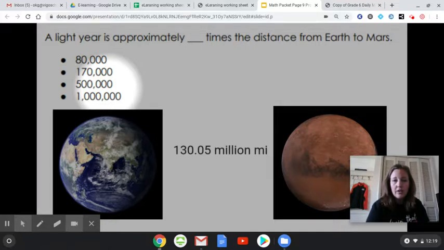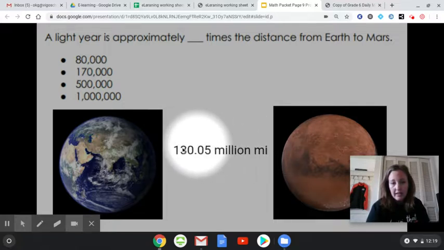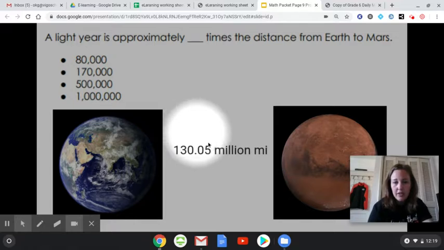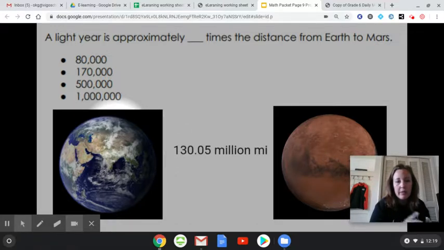I didn't know this, so I went to Google and Googled it. I figured out that Earth is approximately 130 million miles from Mars, right? So I use that information, but that's only half of the problem, right?